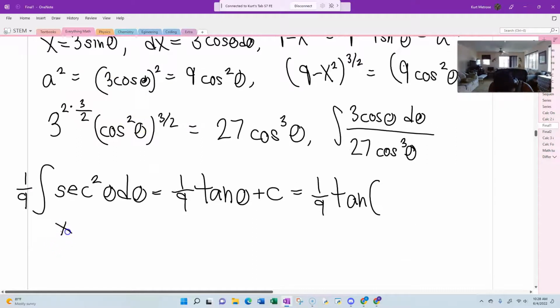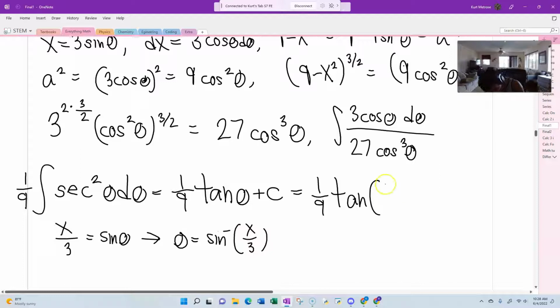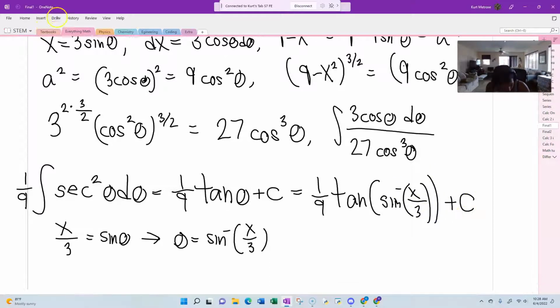So x over 3 is equal to sine theta, in which theta is equal to sine inverse of x over 3. So this is 1/9 tangent of sine inverse of x over 3, plus c. So this is your answer.